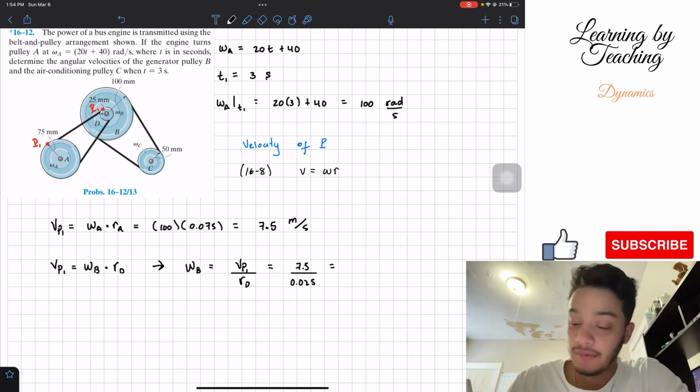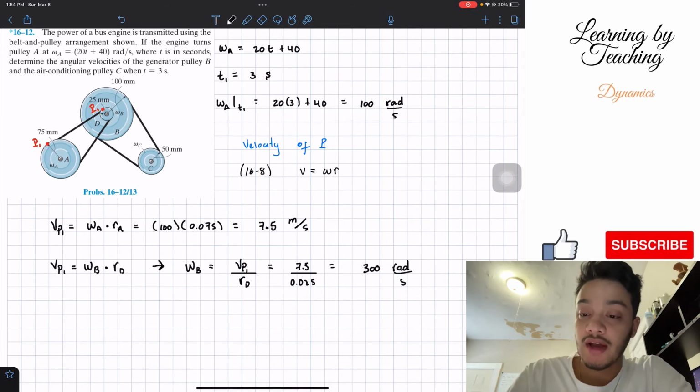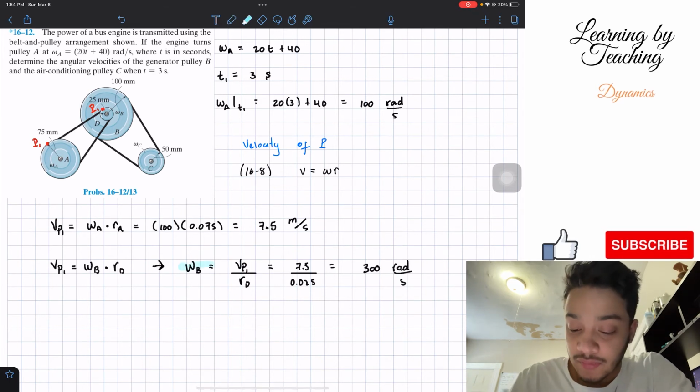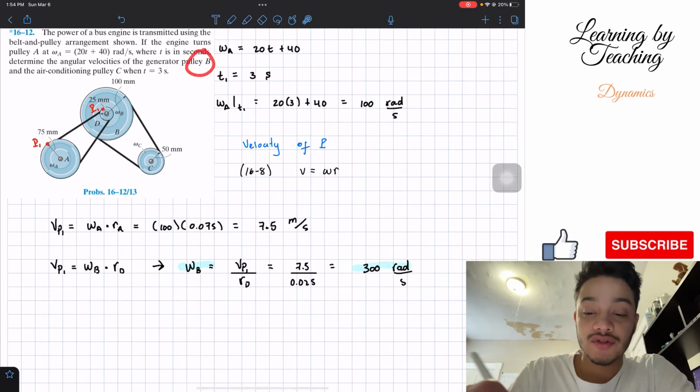When we do that, we find that this is equal to 300, and the units should be radians per second because it's the angular velocity. So we just found the angular velocity of my disk B, which is one of the questions they're asking.